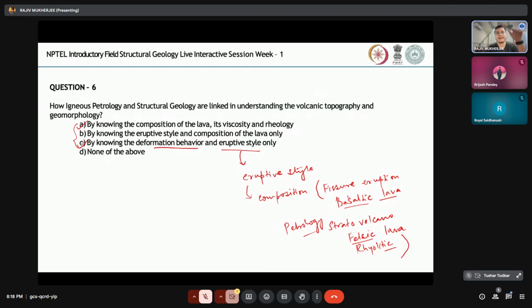So eruptive style means whether it will be fissure or dynamic or volcano eruption. That means it is developing a cone or a dome, whatever these kinds of things may be. So together, option A and option C both are valid because they encompass all aspects of the answer we are looking for.